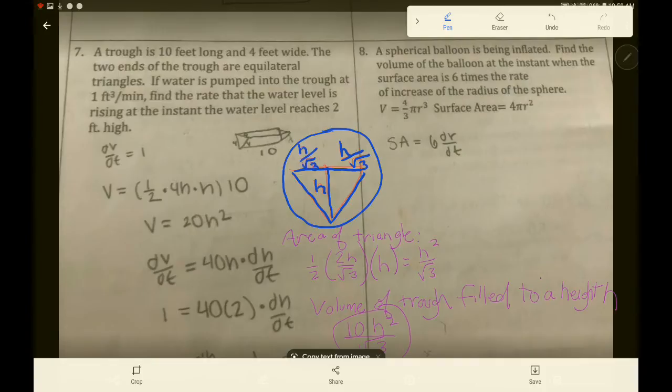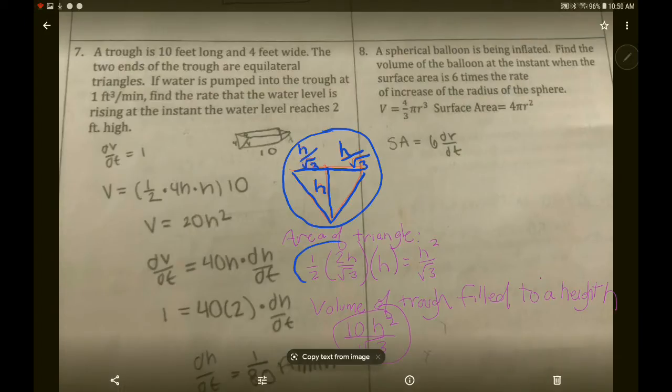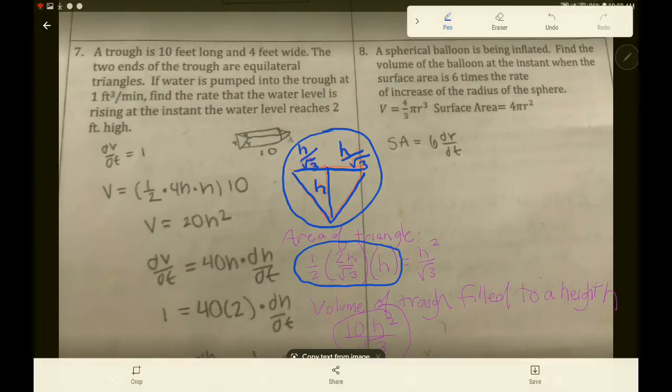So the area of that triangle is, in fact, 1/2 the base times the height, 1/2 times 2h over the square root of 3 times the height, which is h. So the area of that triangle, when it's filled to height h, is h squared over the square root of 3. So the volume of the trough filled to the height h is 10 times that.